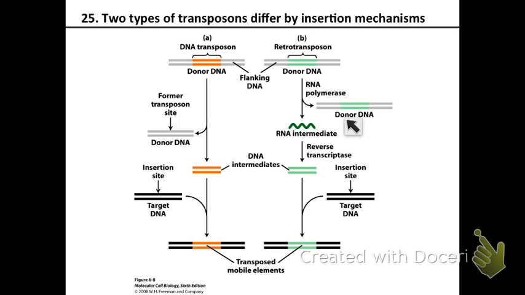So the donor site still contains a copy of this retrotransposon. It hasn't left. Then this RNA intermediate is converted into DNA by reverse transcriptase, and this DNA is inserted into a target site. So now you have a new copy of this retrotransposon in the target site and also at the donor site. So it uses a copy and paste mechanism.